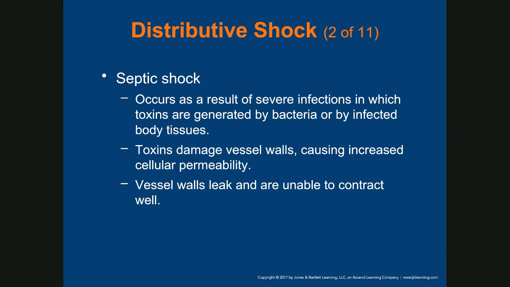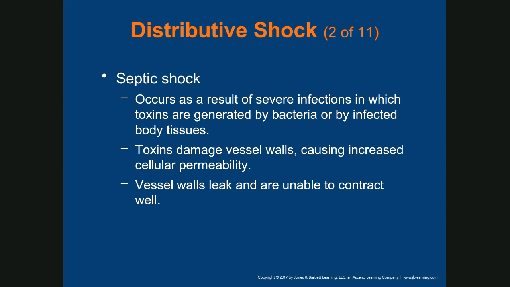So septic shock occurs as a result of severe infections in which toxins are generated by bacteria or by infected body tissues. Toxins damage vessel walls, causing increased cellular permeability. Vessel walls leak and are unable to contract well.